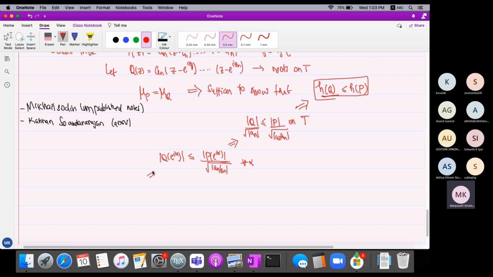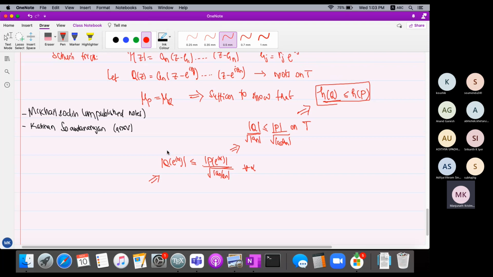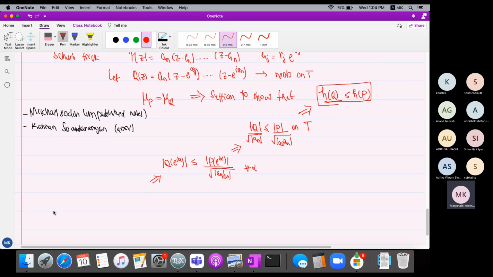But now you just write everything in terms of zeros. Q is a_n times the product of absolute values of e^(i alpha) minus e^(i theta_j), j equals 1 to n, with an absolute value here as well. So the question is, is this bounded by mod p?